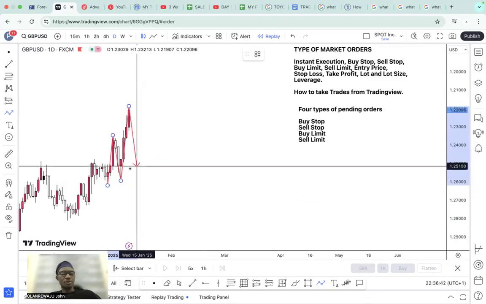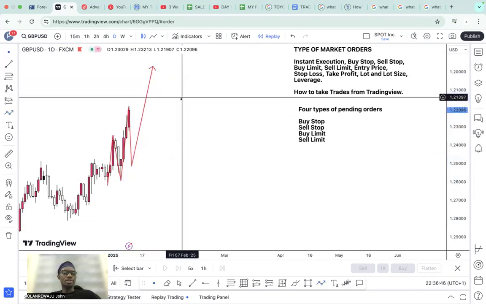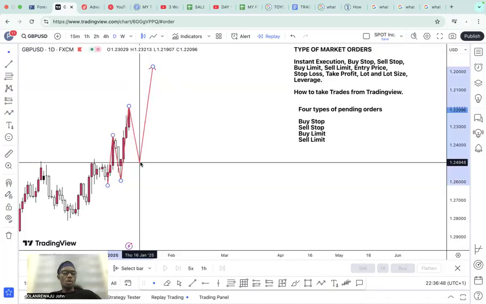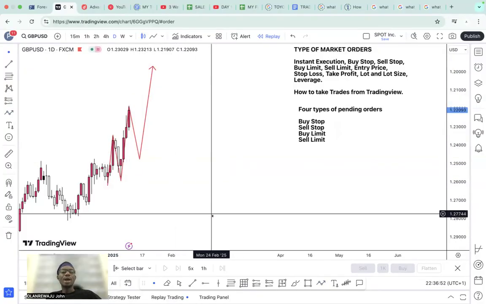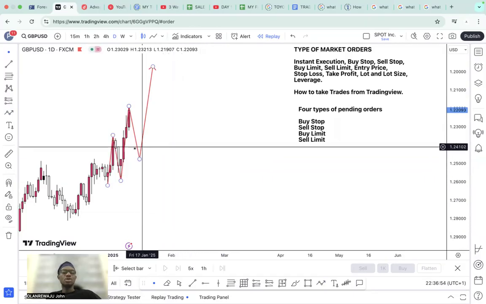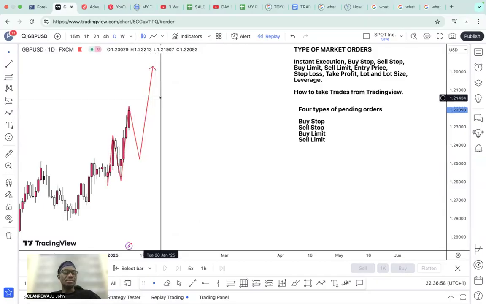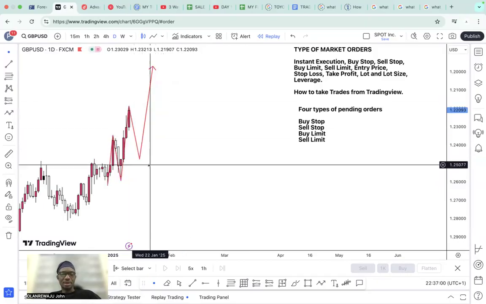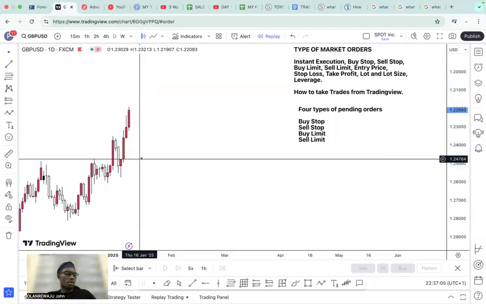So I want to wait for it to come and create a new higher low and then follow it up. So me wanting and waiting to buy the market at a price that is lower than the current market price, that's a buy limit. And then I set my buy limits and then I wait for it. So those are the 4 types of pending orders we have in the market.